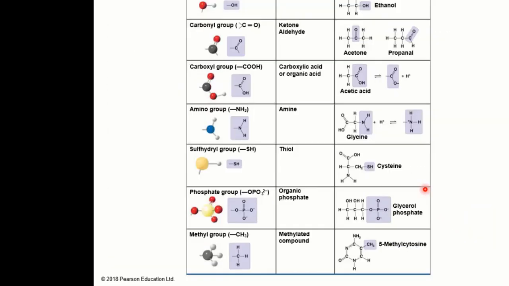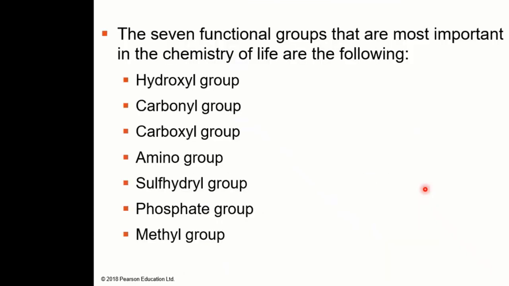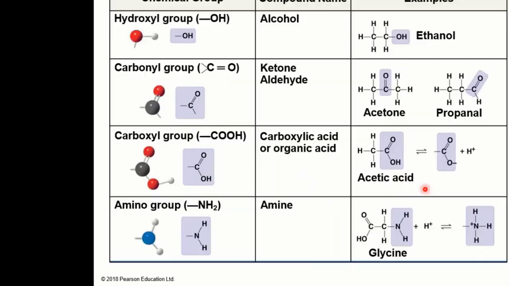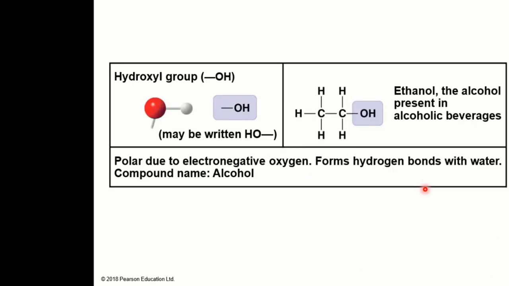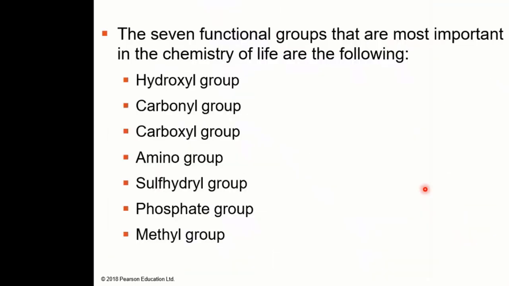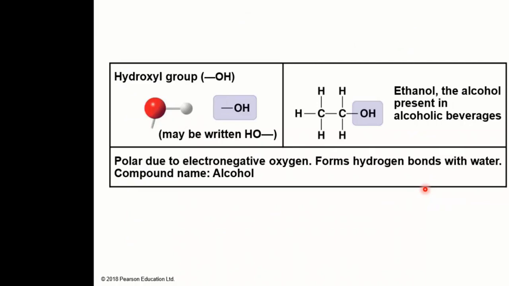For example, if he says give at least seven functional groups and describe their properties, give their examples, and give their functions, or maybe he says list seven functional groups, give their compound names and their functions.